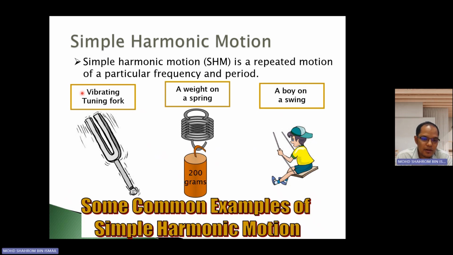For this case, it shows three cases to represent simple harmonic motion. Basically, we've got a vibration tuning fork. If you want to check whether there is vibration around a machine, while the machine is operating, it's shaking here and there. It's vibrating, bergetar.